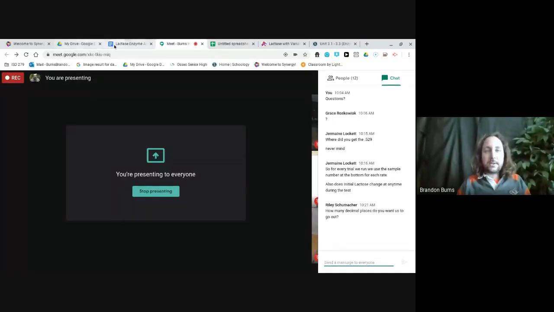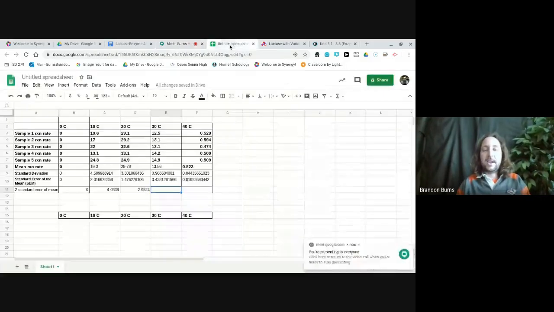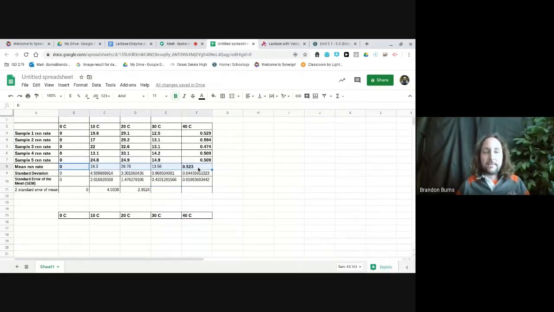Okay, no questions yet. All right, so back into the spreadsheet. Now I need to make a graph of the means. I would start by highlighting the mean values from the mean of the reaction rate. I'm going to copy those, and bring them down here into another section of the table, just so that I can work with them in graph form. Now I'm going to highlight this area.